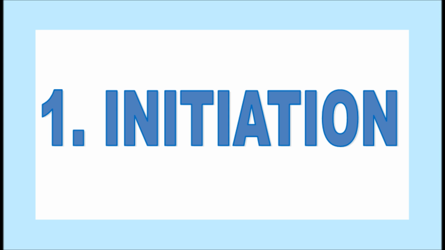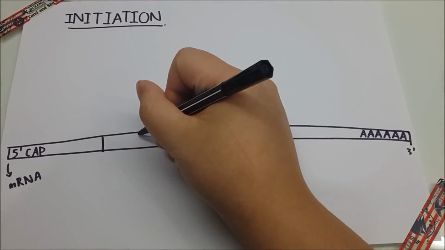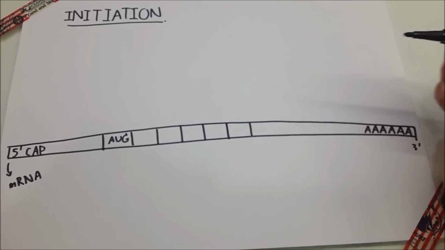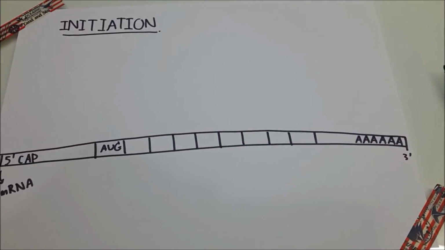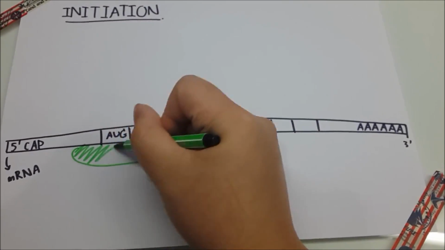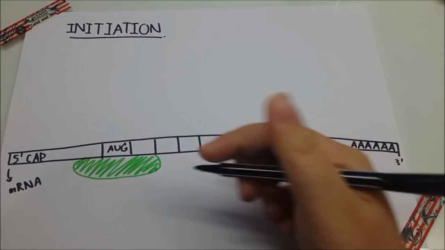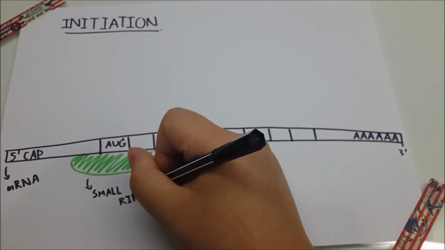The first step is initiation. Translation initiation begins when a small subunit of the ribosome, colored in green, attaches to the mRNA and moves to the translation initiation site.